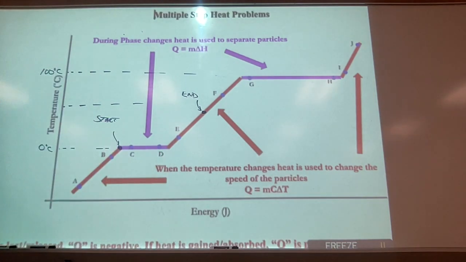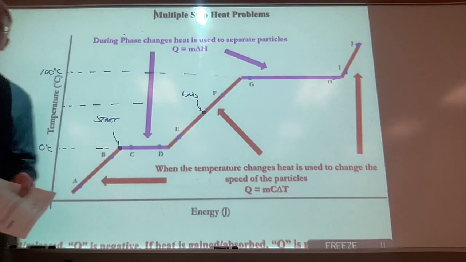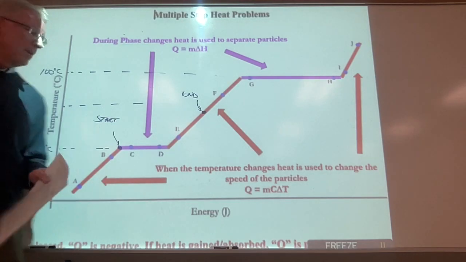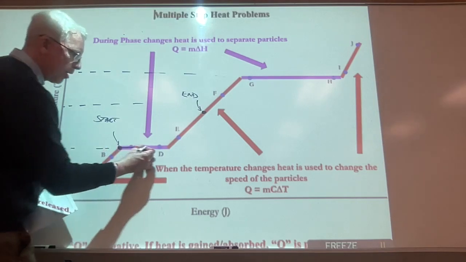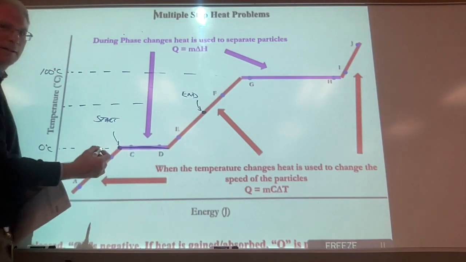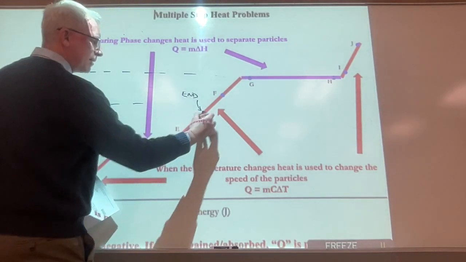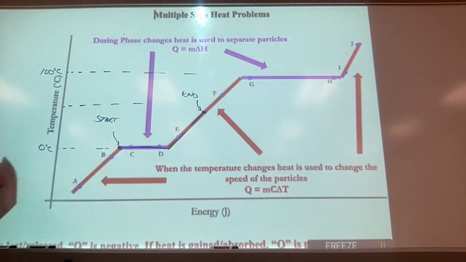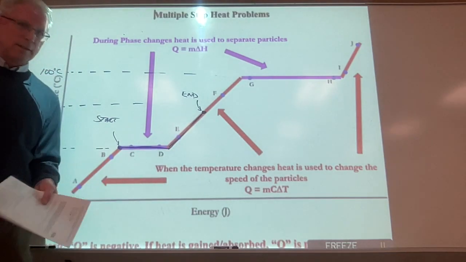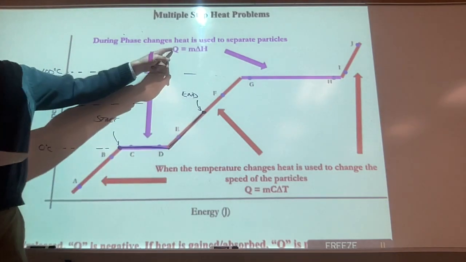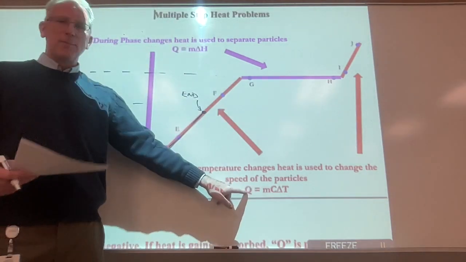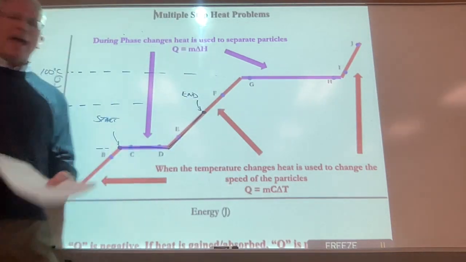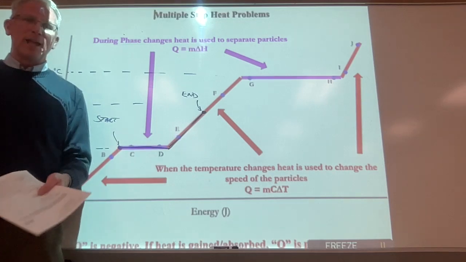Well, this time we truly do have a multiple step problem. We have to go across a flat spot, and then we have to go up a slanted one. So we need to use both equations. We're going to have to use Q equals MH and Q equals MC delta T, and then we're going to add our two values together.